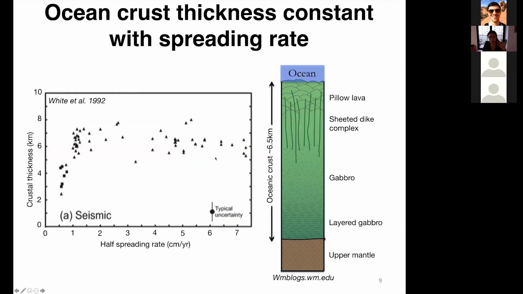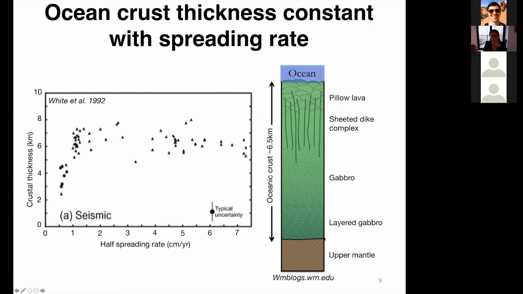So you might expect some systematic differences from the range of spreading rates observed. One of the fundamental observations at mid-ocean ridges is the amount of oceanic crust produced. Here's a plot of crustal thickness in kilometers on the y-axis and half-spreading rate in centimeters per year on the x-axis, showing crustal thickness based on seismic observations.